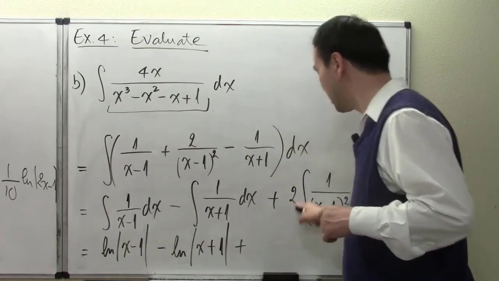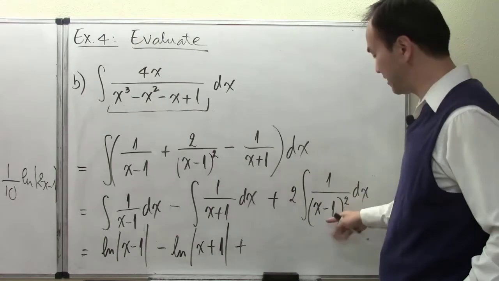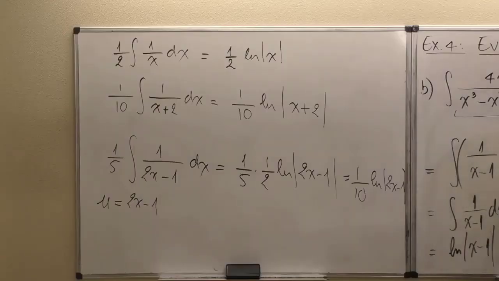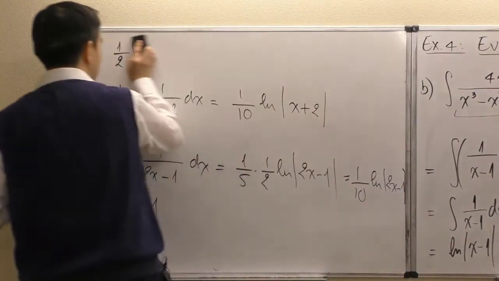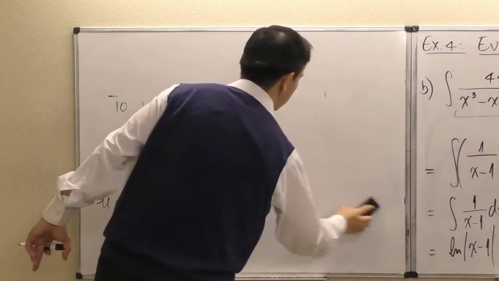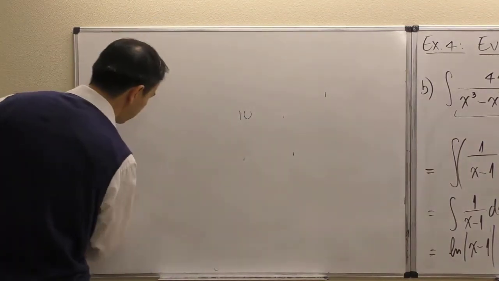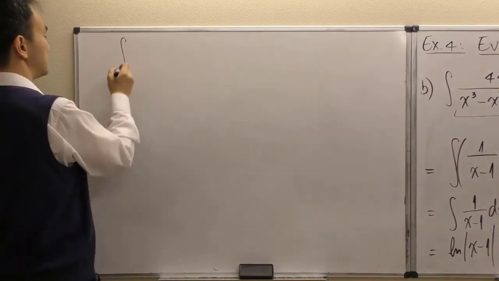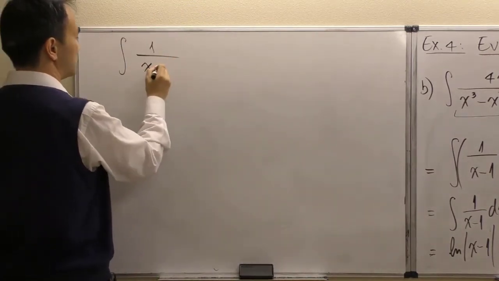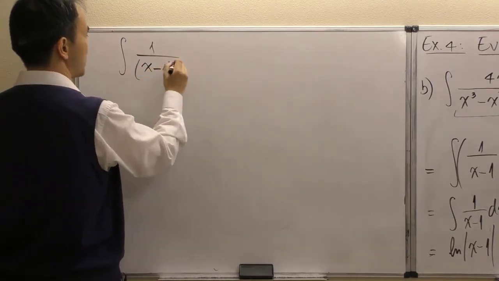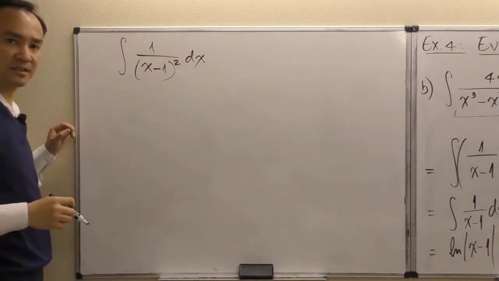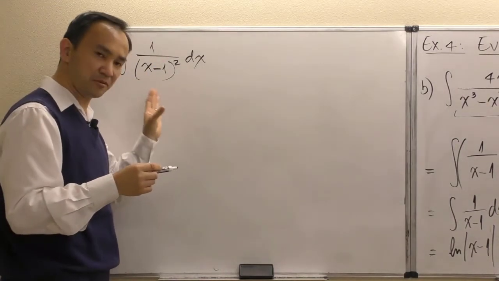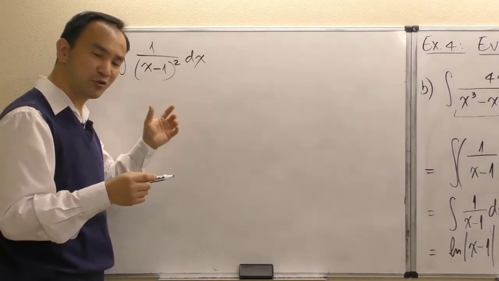Let's do a little bit of scratch work to find out what this is before we put that in there. So I'm going to navigate over to my other board and treat it as scratch work. On this particular one, the integral of 1 over x minus 1 all squared dx, I can refer back to my video lesson on the substitution method.